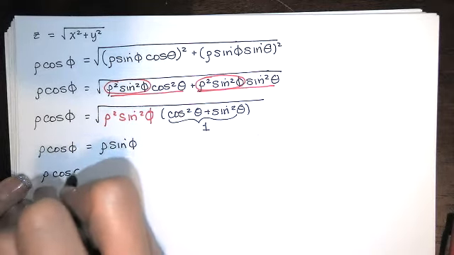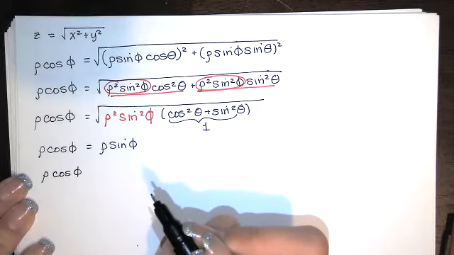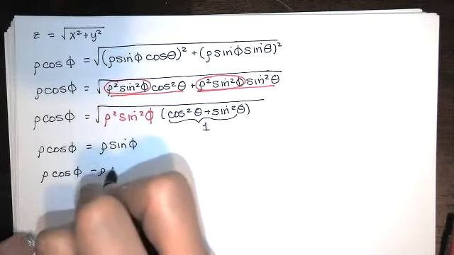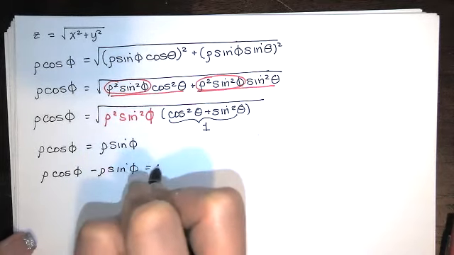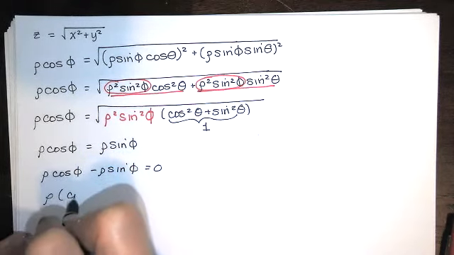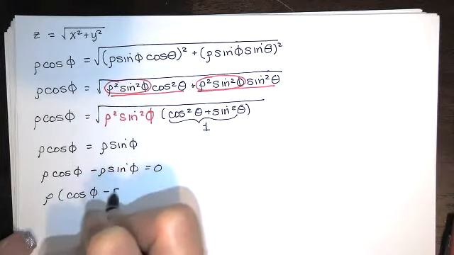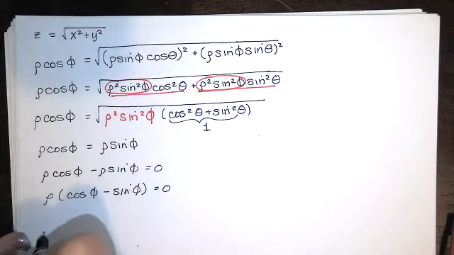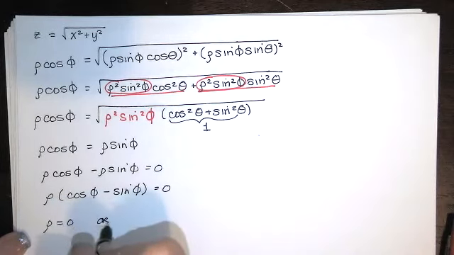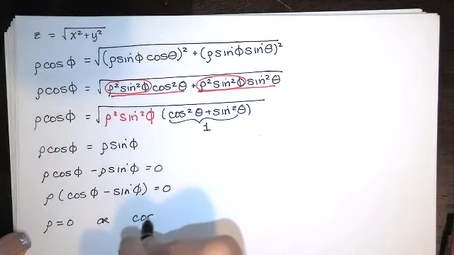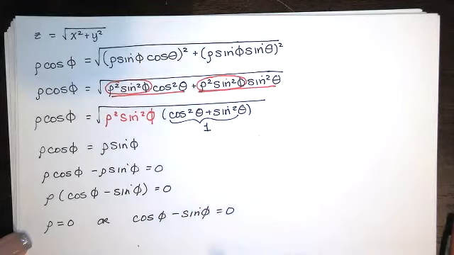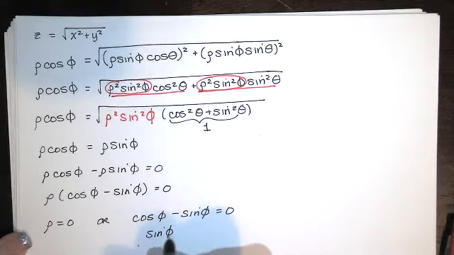Let's subtract. We'll subtract this from both sides. So this tells us that either rho equals 0 or cosine of phi minus sine of phi equals 0. Or alternatively, sine is equal to cosine.